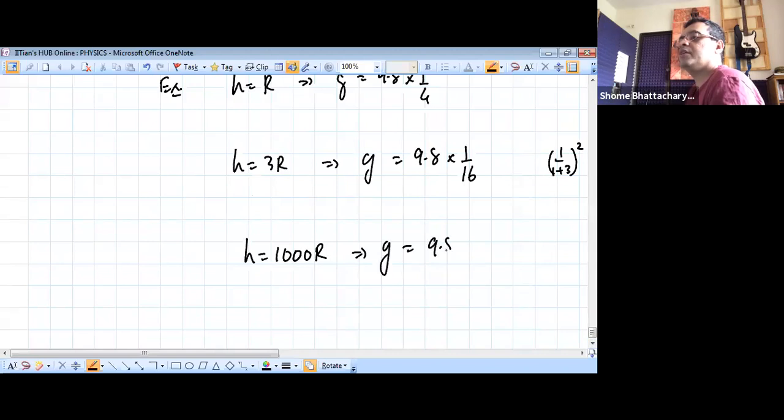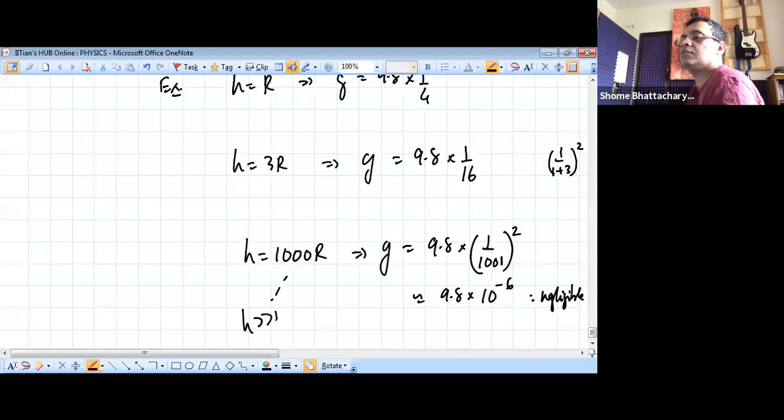It will become 9.8 into 1 upon 1001 whole square, so approximately 9.8 into 10 raised to the power minus 6. So you can see it has become very negligible. Why has it become negligible? It's almost tending to 0 because this height is now very, very large compared to the radius of the earth.